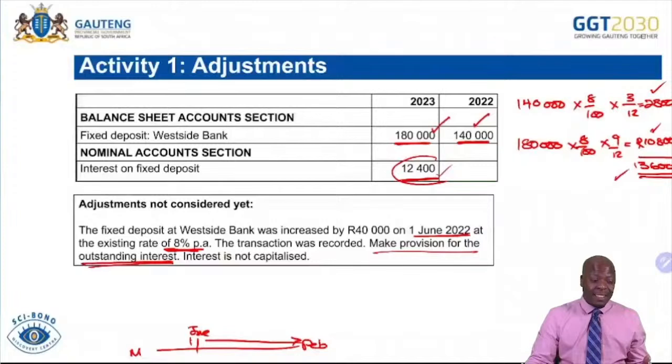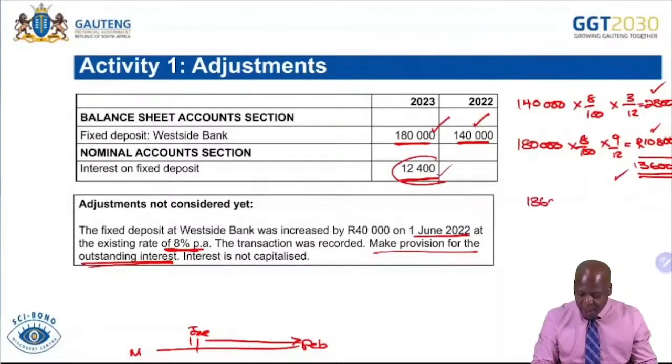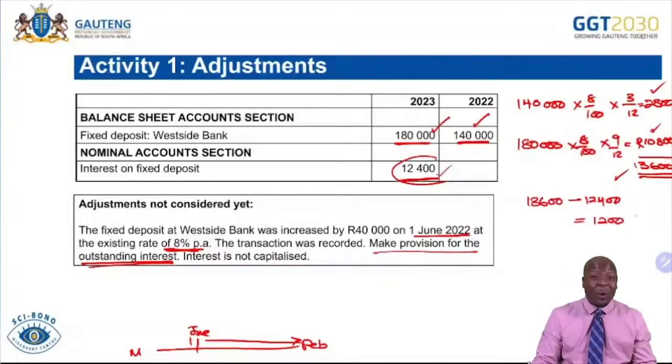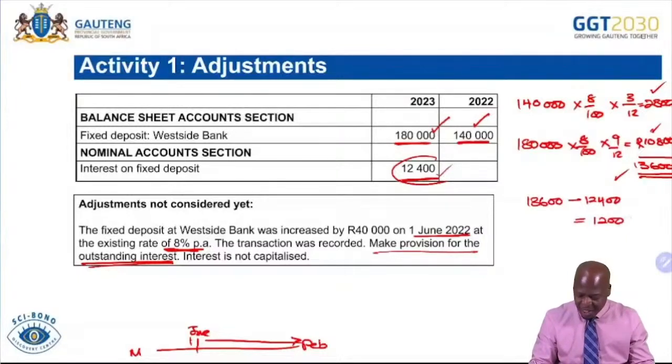So there is some money that we have not yet received. How much is that therefore? We are simply saying the difference between what we have earned, which is 13.6, and what we have, which is 12.4. It will give us an amount that is 1,200. This is our interest that is outstanding.